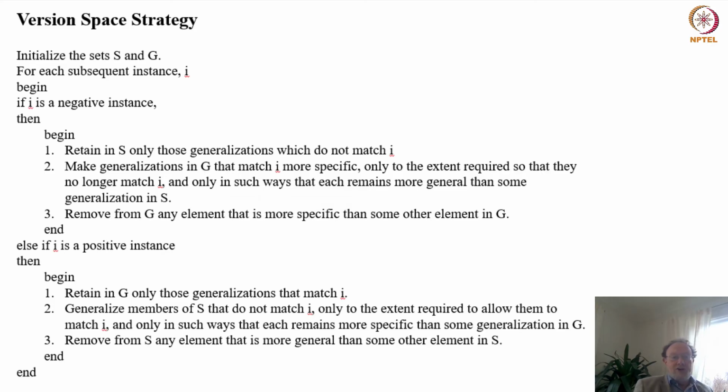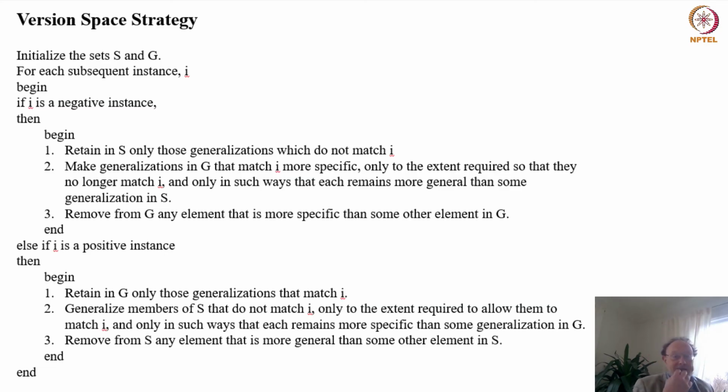Symmetrically then, when we see a positive instance, we have to see to it that in G we only have such generalizations that match E, because we don't want generalizations that do not cover one of our positive examples.